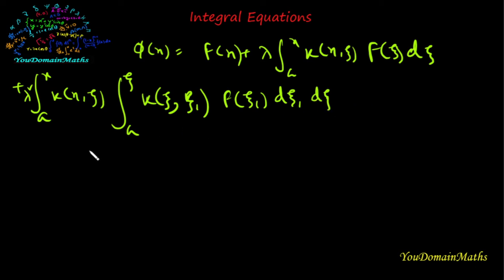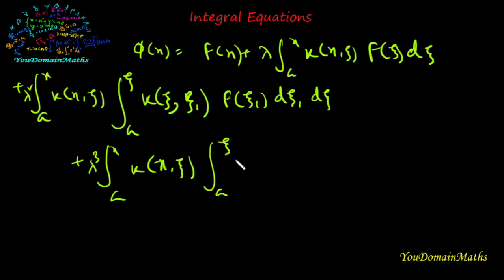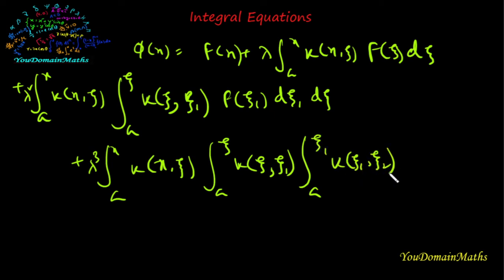If we write the next term, that means lambda cubed, integral a to x K(x, xi), a to xi K(xi, xi1), a to xi1 K(xi1, xi2) f(xi2) d xi2 d xi1 d xi.